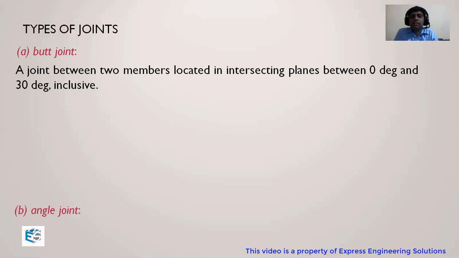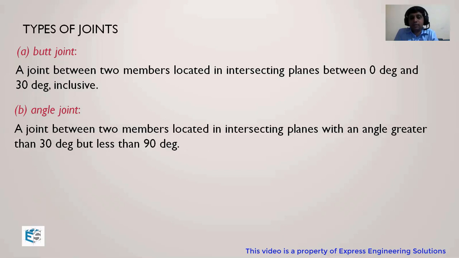If this angle is more than 30 degree but less than 90 degree, so we can say this is 90 degree, this is 0 degree, this is 30 degree, then we call it an angle joint. The definition of angle joint is a joint between two members located in intersecting planes with an angle greater than 30 degree, but less than 90 degree. That is the definition of angle joint, and below 30 degree it will be a butt joint.